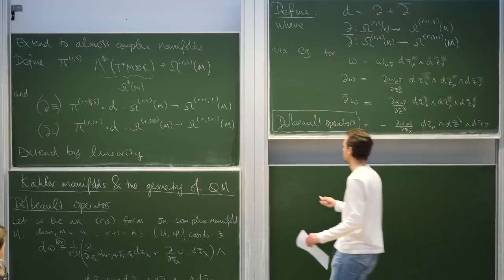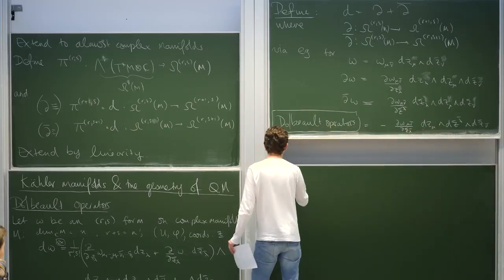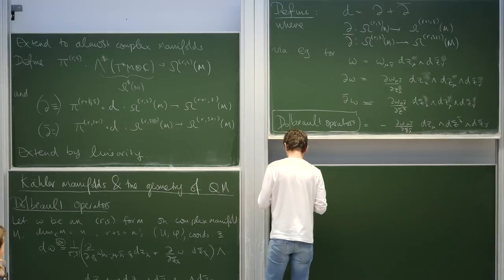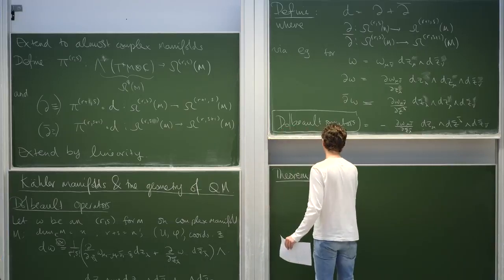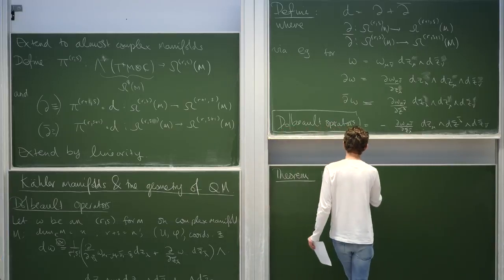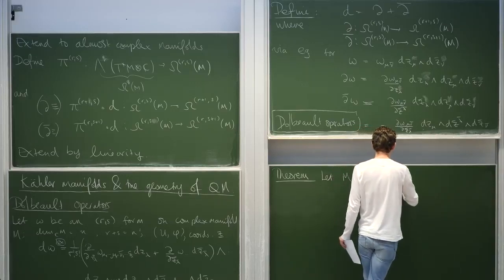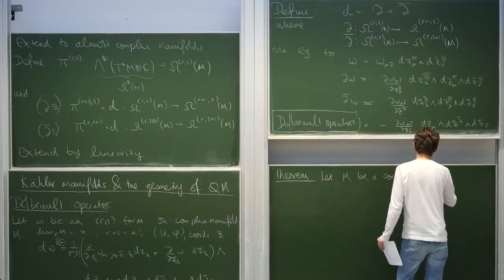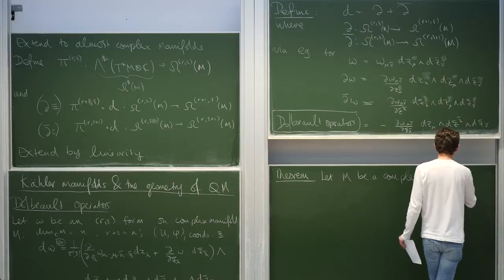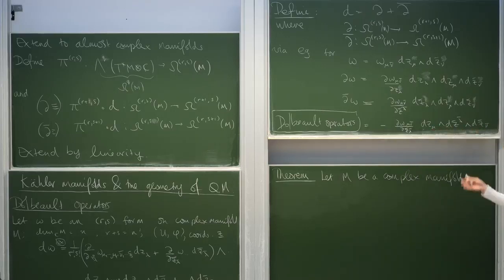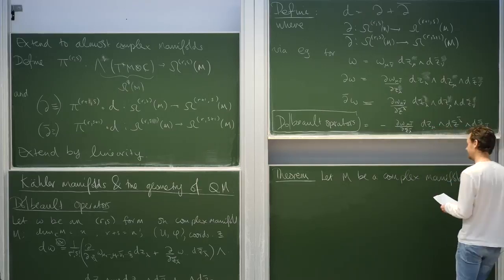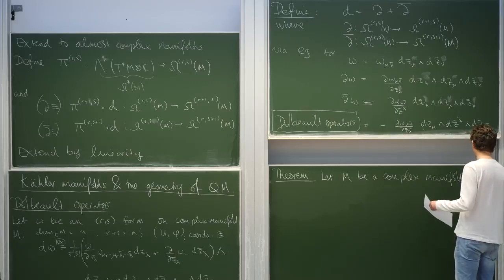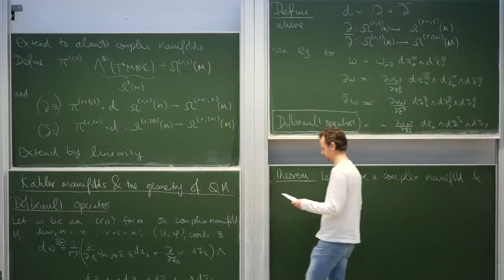All right, let's capture some straightforward properties of these Dolbeault operators for complex manifolds. Ultimately, our interest doesn't really lie in almost complex manifolds. Our interest will lie in complex manifolds in this course, and those are a bit more special.